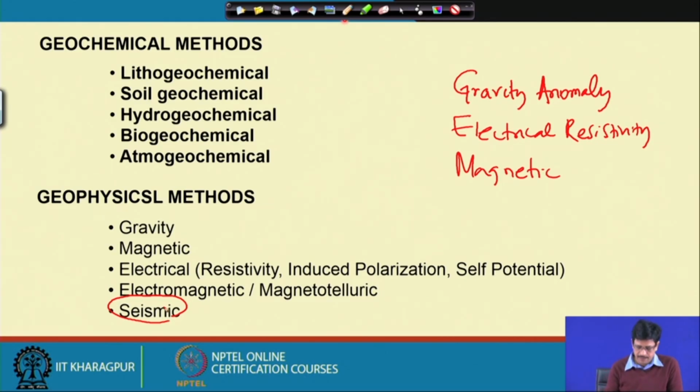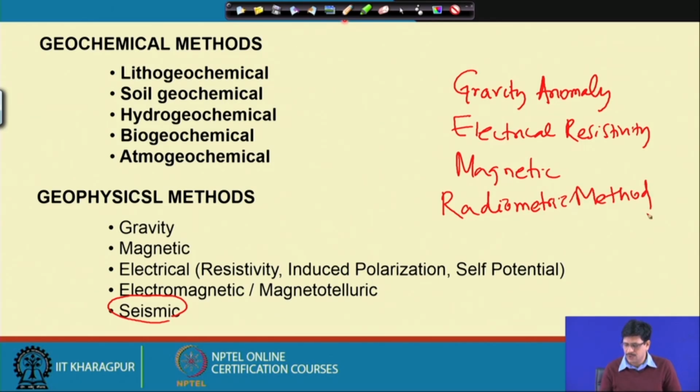And so, we can also have the radiometric methods, by which we measure the radioactive waves emanating from the radioactive decay of parent radionuclides like uranium, thorium, and such deposits when they are concealed below the surface of the earth.